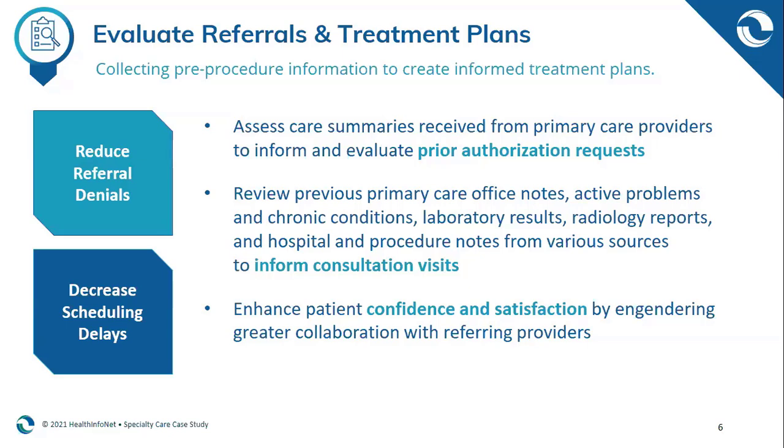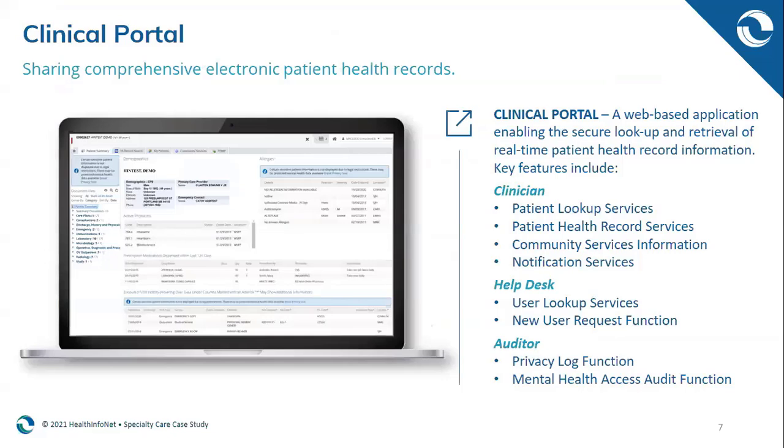Isn't it nice to send a patient from a primary care office to one of your offices and ensuring that the patient is going to have confidence and satisfaction knowing that this collaboration happened between their primary care and your office? Because the data's there, you know who the patient is, you know what their problems are, and you have that information. I think that's just so important.